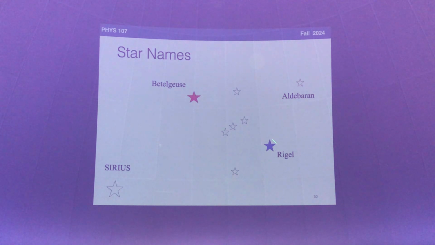Rigel and Betelgeuse are two different temperatures. We know this now because we've learned about black bodies, how light gets emitted. That means Betelgeuse is cooler than Rigel; Rigel is a hot blue star, and Betelgeuse is a big red giant.